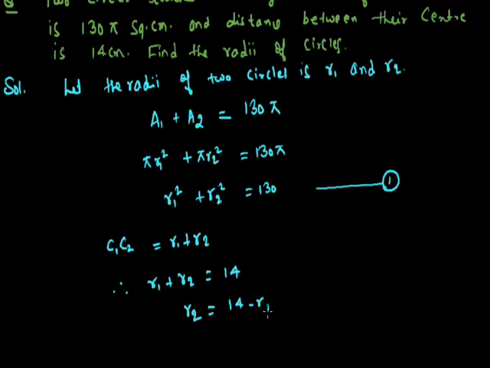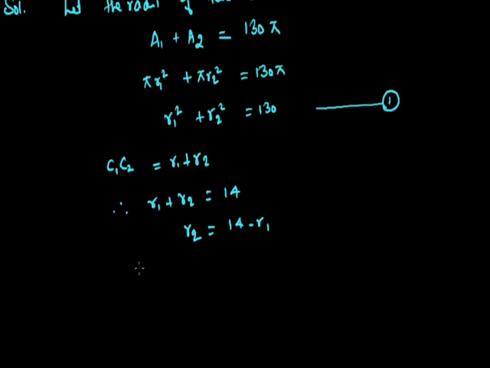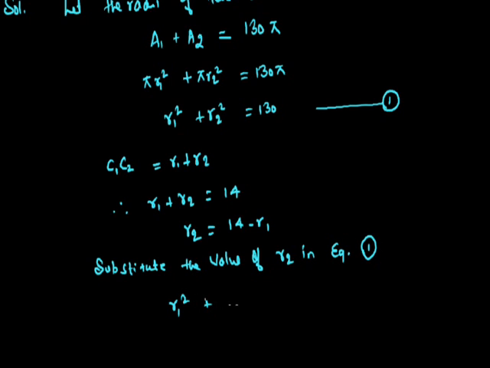Now substitute the value of R2 in the first equation. This becomes R1 square plus (14 minus R1) whole square, equal to 130.